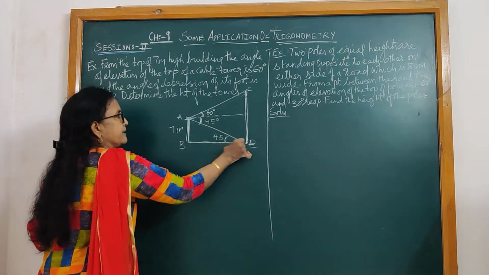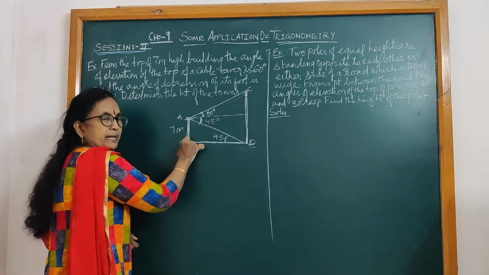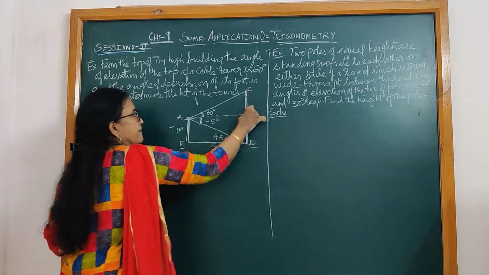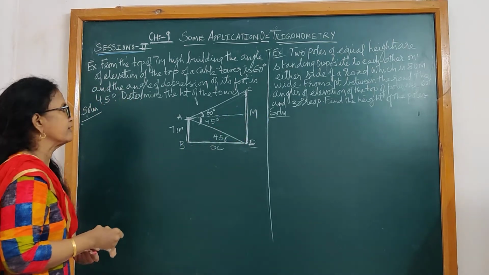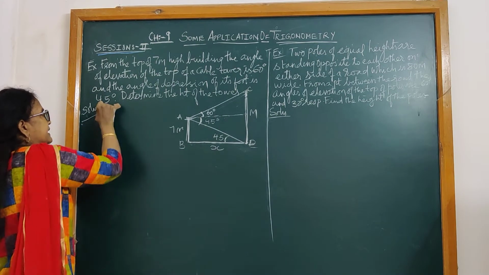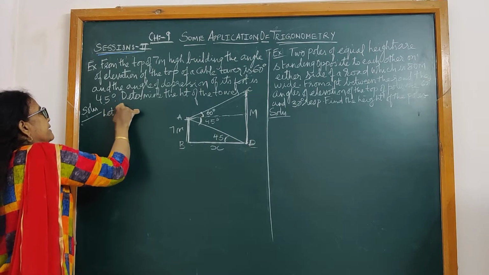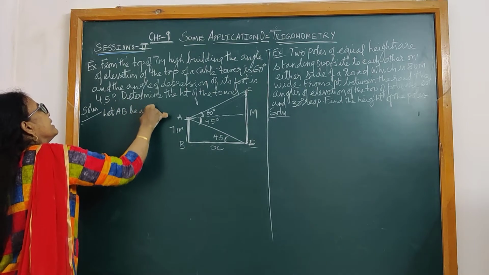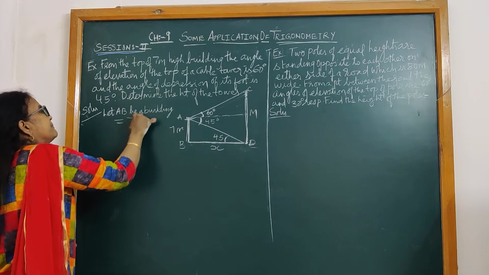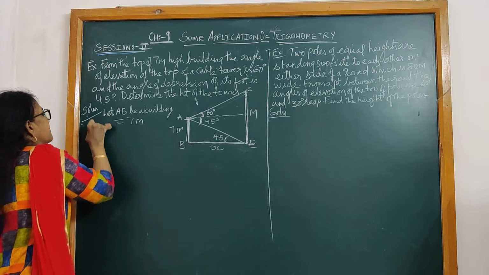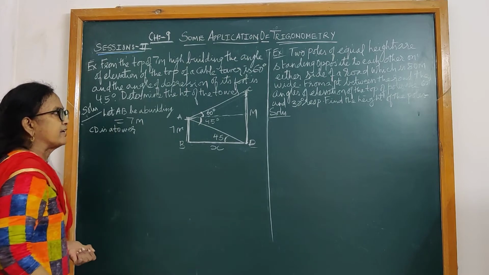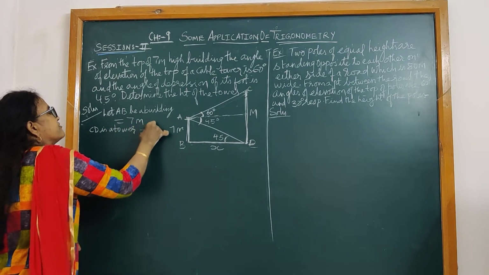This distance BD between the building and the tower is x. Now how will we solve the triangle? In triangle ABD, let AB be the building whose height is 7 meters, and CD is the tower. The tower height we don't know, so we take it as H meters.